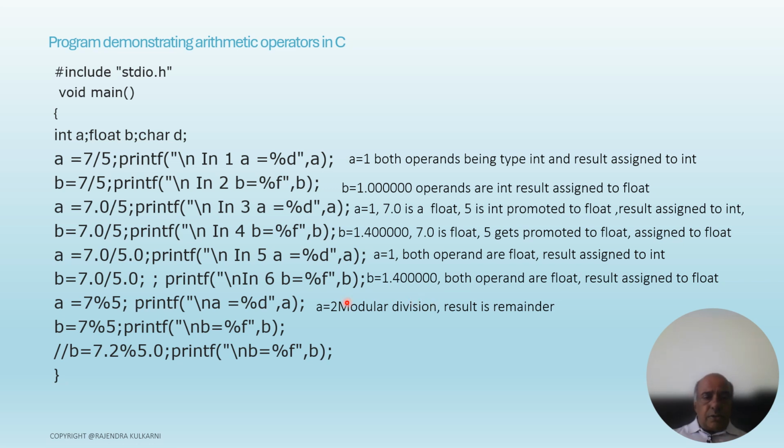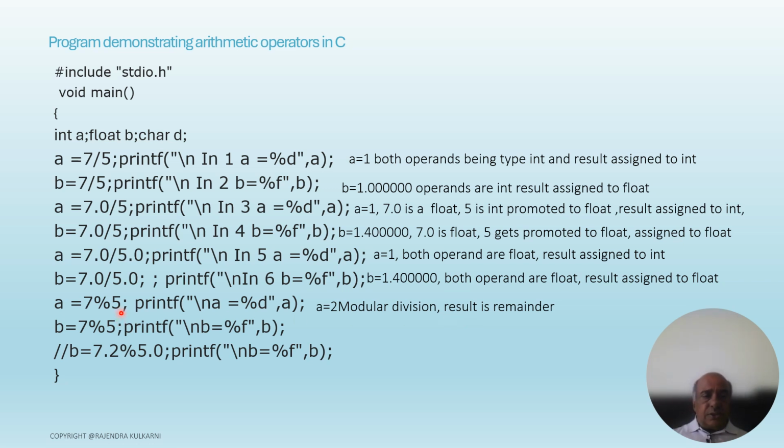Now in this expression what we are doing is 7 mod 5. It is a modular division, 7 divided by 5 in modular form. When a modular division takes place, the result is always a remainder and not the quotient.